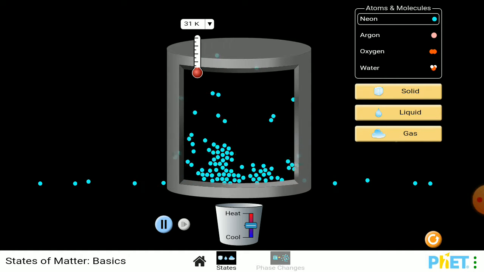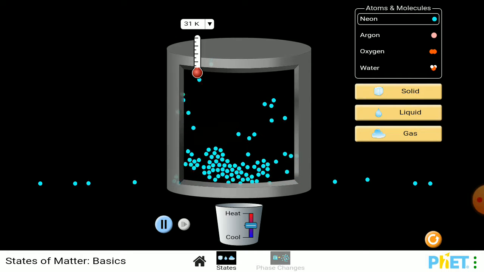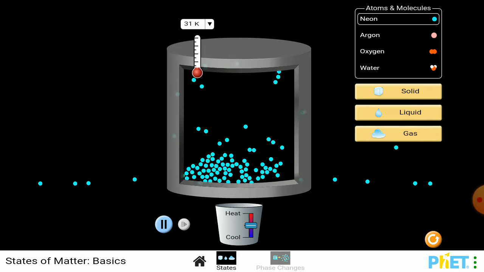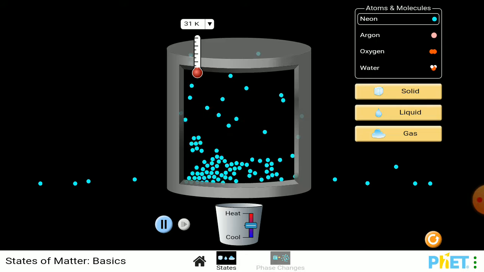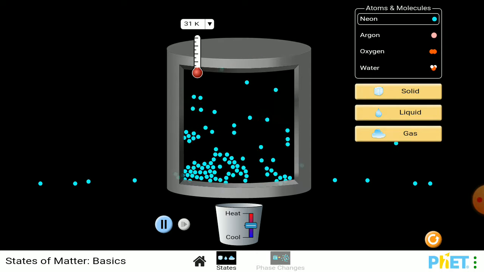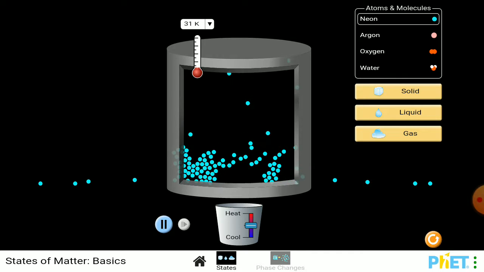And in the liquid state, the difference is that the molecules present are not very far from each other or very close, they are in a medium state. That's why we see it as liquid state.